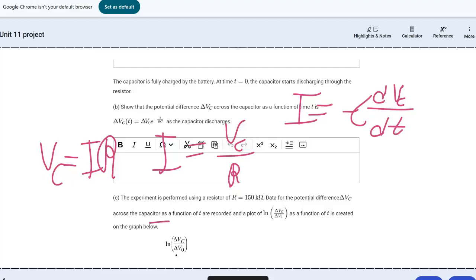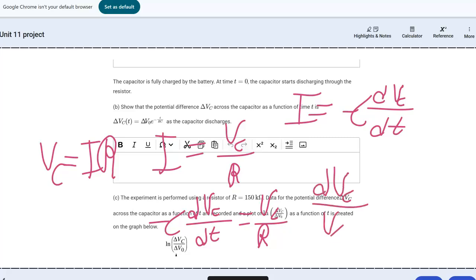This is how we can set up a differential equation.